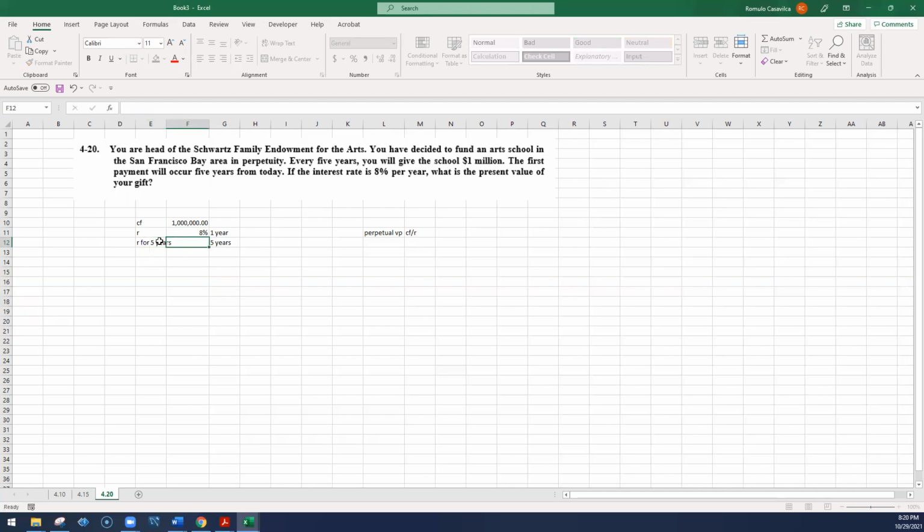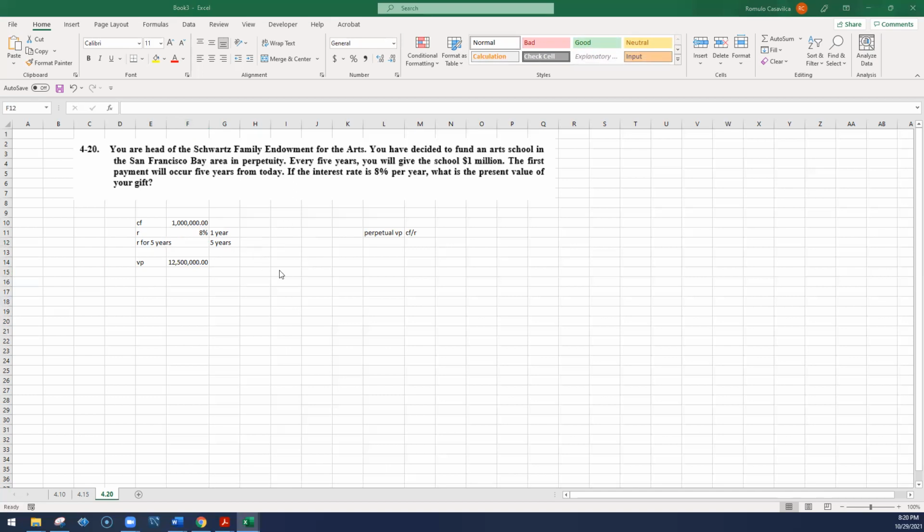This is the effective rate for 5 years. It would be easy to just multiply, but that's wrong, because you're not considering the time value of the rate. It will compound, so it will be more than 8% because it's going to grow for 5 years.